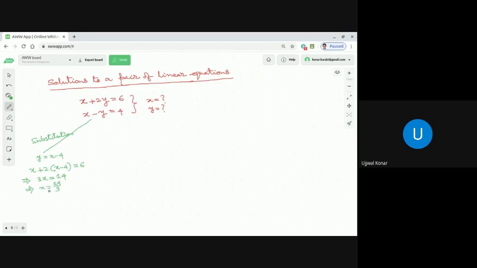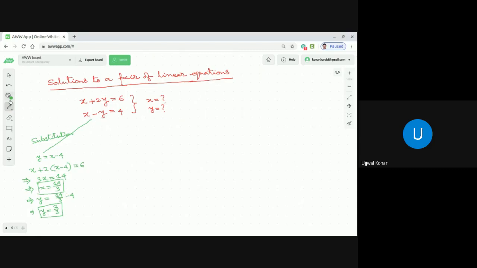Now what is the value of y? The value of y is equal to x minus 4, so 14 by 3 minus 4. That implies y is equal to 2 by 3. So these are the values of x and y we get, dear students: x is equal to 14 by 3 and y is equal to 2 by 3.